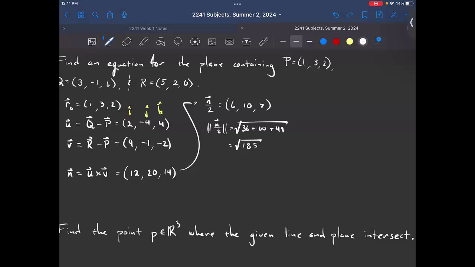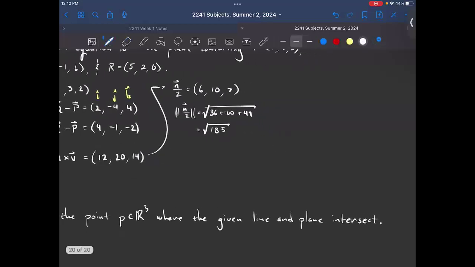Let's see. Oh, we do have a factor of 5 in there, 25. So we can simplify this a little bit. Wait, that doesn't make any sense. Forget it. Let's leave it like that. I'm not certain I'm not going to make a mistake.